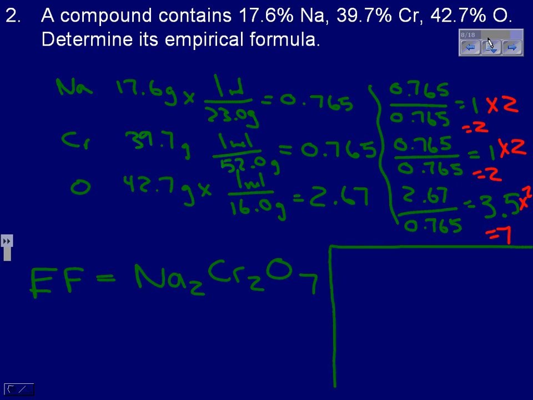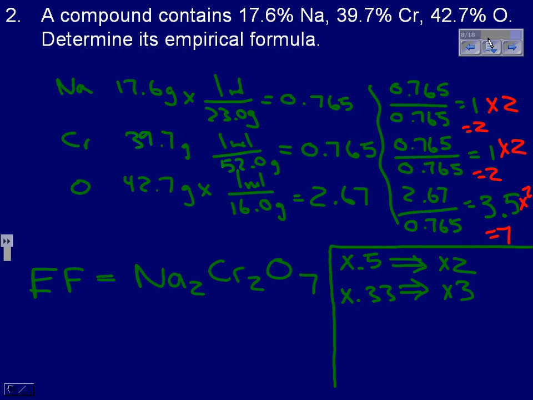If I have something like an x.5, then in order to take care of that, I'm going to multiply it by 2. Now, I can also have something like an x.33 in that last step. If I have an x.33, then I can multiply that by 3 to get rid of the .33.